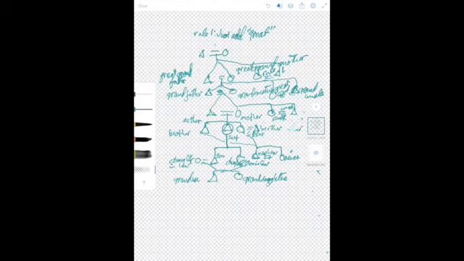So let me erase and clean that up a little. Cousin is male or female, so we have cousin.